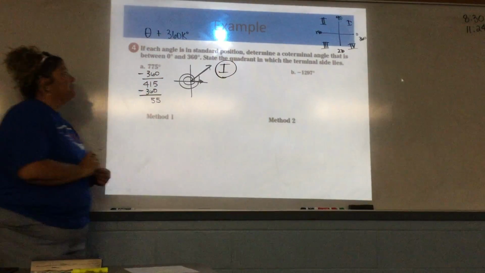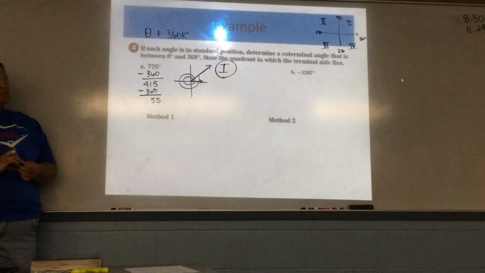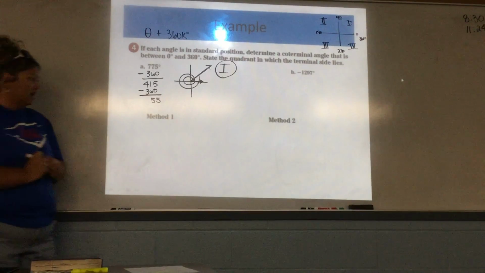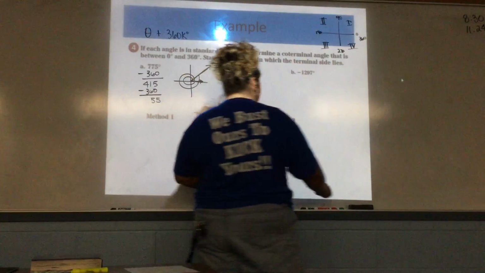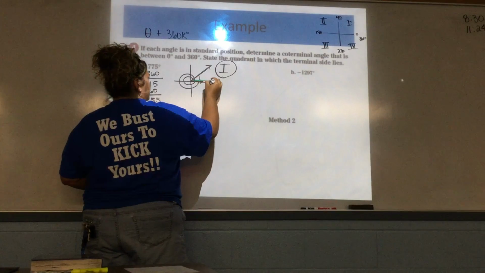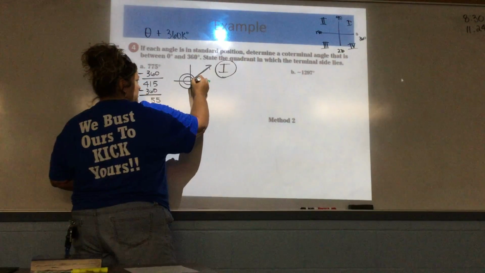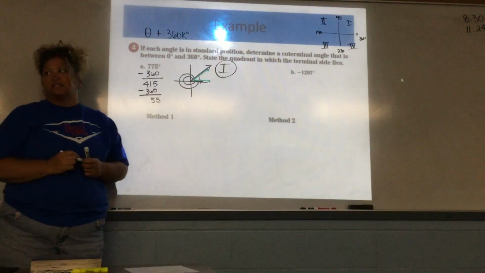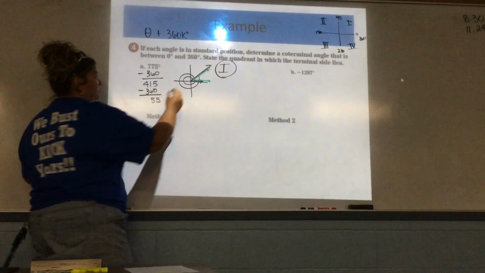And then it wants us to determine a coterminal angle that is between 0 and 360. I need an angle that starts there and is less than 360: 55 degrees.